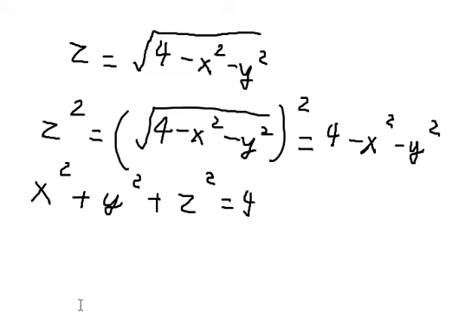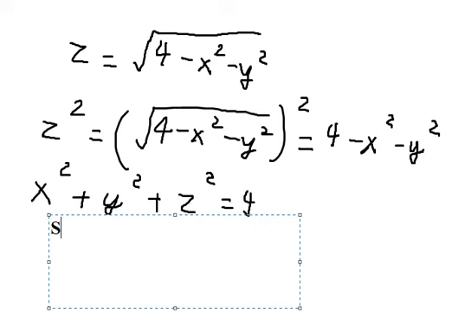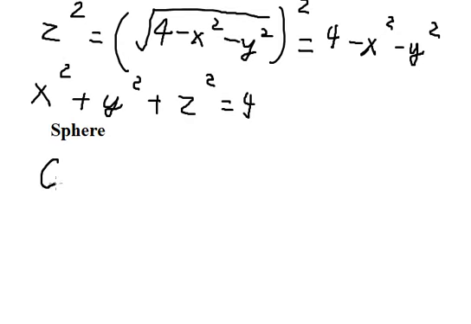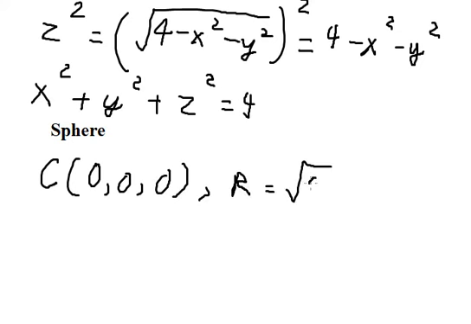And we know that this is a sphere. The center of the sphere is 0, 0, 0, and the radius is the square root of 4, number 4 is from here, and we have 2.